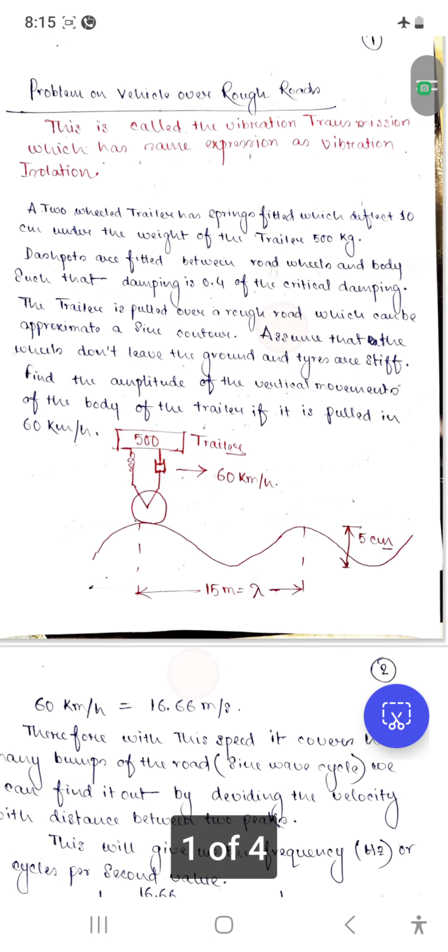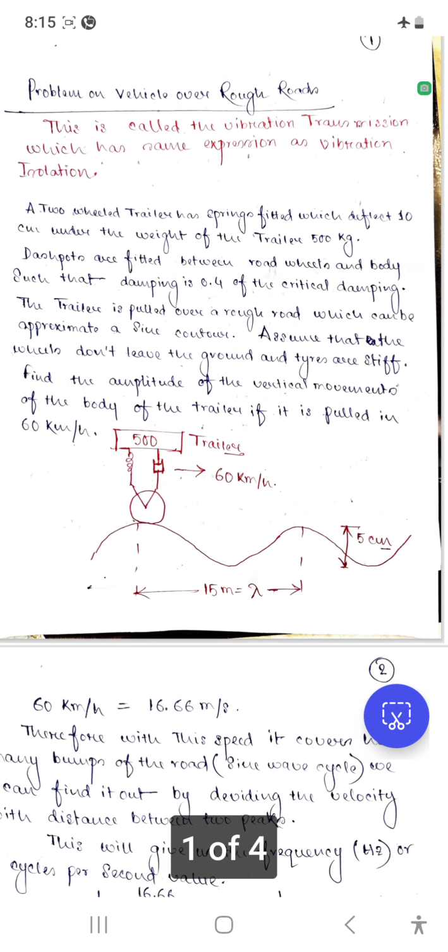One more piece of information is given: from this peak to this peak, one complete cycle, or from this point to this point, is 15 meter. Each cycle is taking 15 meter, and we also know that the velocity is 60 km per hour.